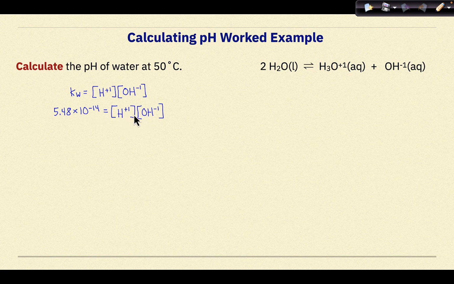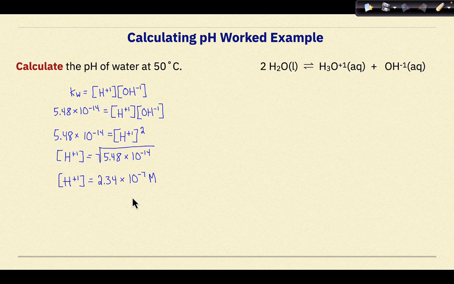So another way of representing this is 5.48 times 10 to the negative 14 equals hydrogen ion concentration squared. To calculate hydrogen ion concentration, we're going to take the square root of 5.48 times 10 to the negative 14. When we take the square root of this number, our hydrogen ion concentration is 2.34 times 10 to the negative 7 molar.